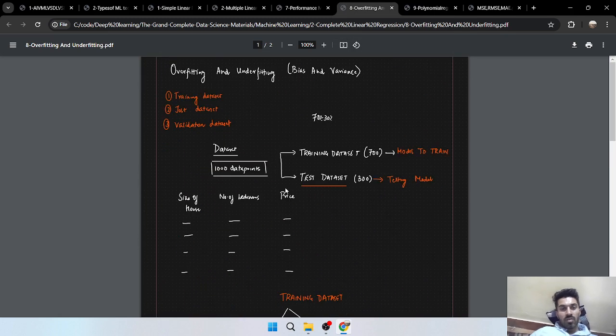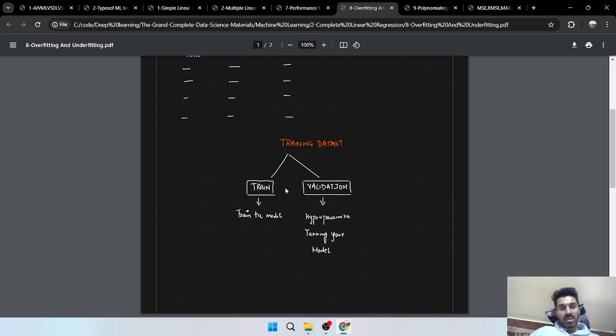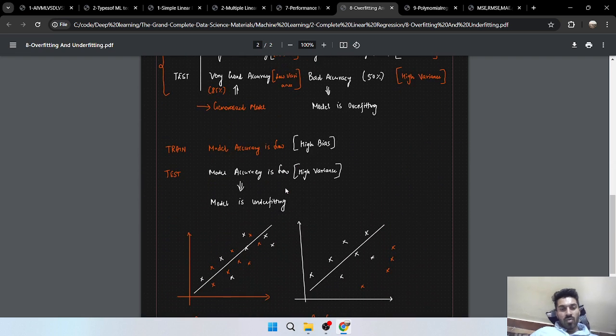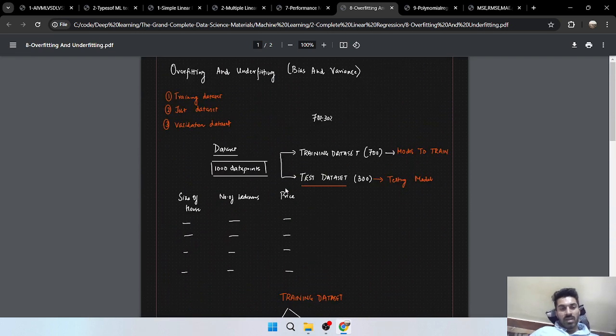Now coming to overfitting and underfitting. There are basically three types of model: overfitting, underfitting, and good fit. In overfitting, your model performs very well in training.